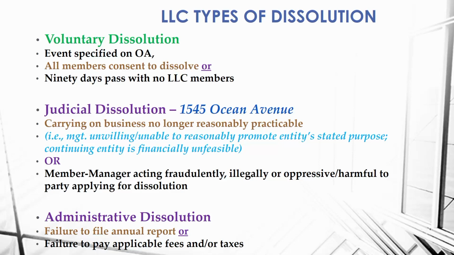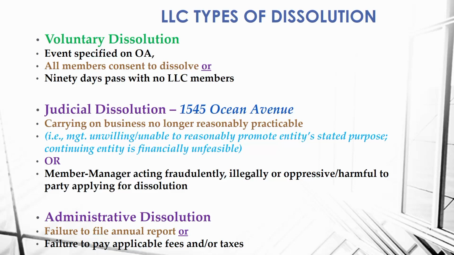The court says, we don't want to step in. Everything's not a smooth glide to profitability. There might be a bumpy road. So if you're going to say it's not reasonably practicable, then what you're really saying is that the management is unwilling to carry forth or to promote the entity's goals and objectives, or if continuing the entity is not possible because it's not financially feasible.